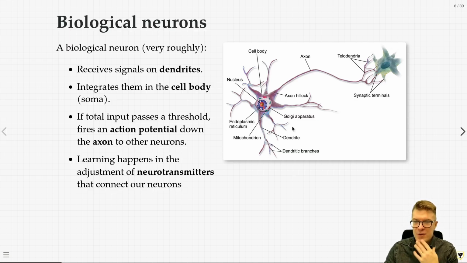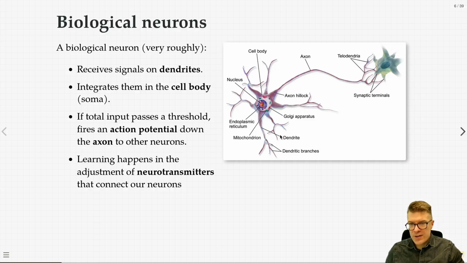So just very quickly, the inspiration comes from biology. This is a picture of a cell. This comes from Wikipedia. A cell like this one will receive electrical signals on dendrites, these sort of branches, roots that lead into the cell body, which contains a soma.